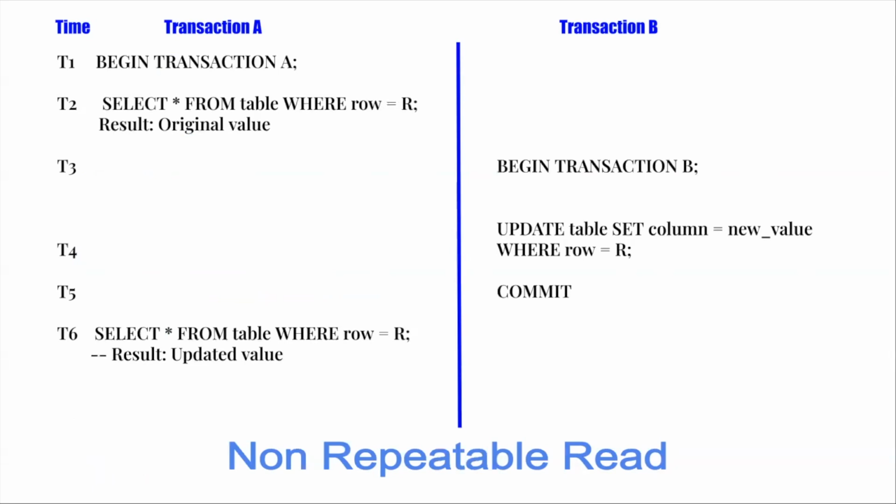Now at time T5, the transaction gets committed, and at time T6, when you read the same row again in transaction A, you will get a different value. So you are reading the same row in the same transaction, but you are getting two different values there. This anomaly is called non-repeatable read.